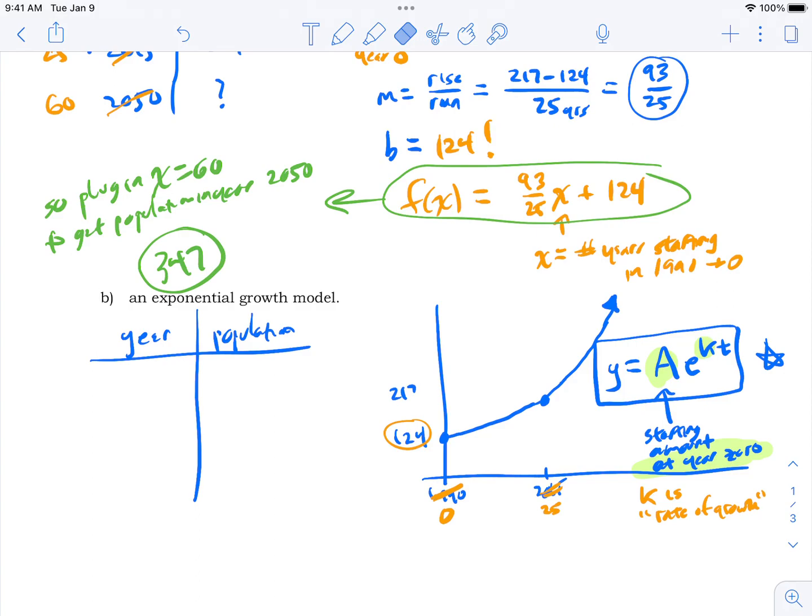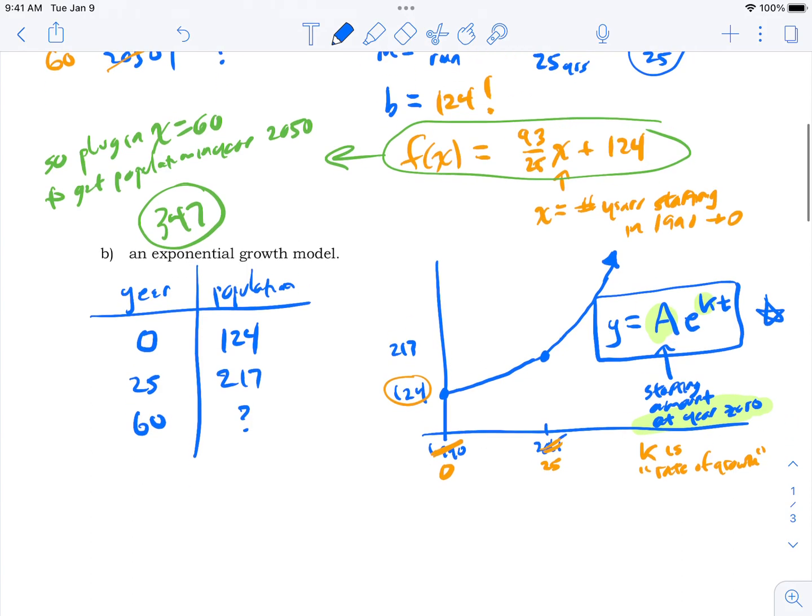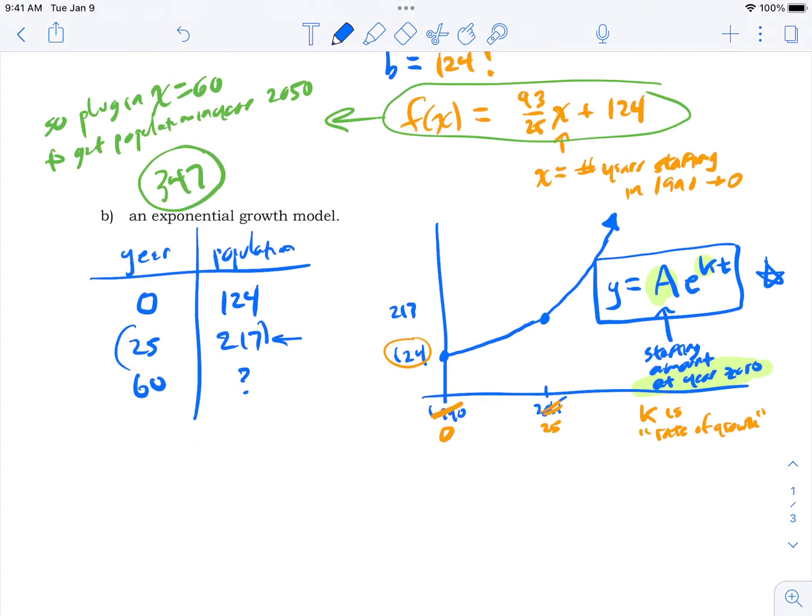So let's come over here and start filling in our table. You have to start at year 0. We have 124 people. In year 25, in other words, 25 years later, our population was 217. And of course, we're trying to figure out in year 60, what is it? How are we going to get that k? Well, we're going to use this data point right here.